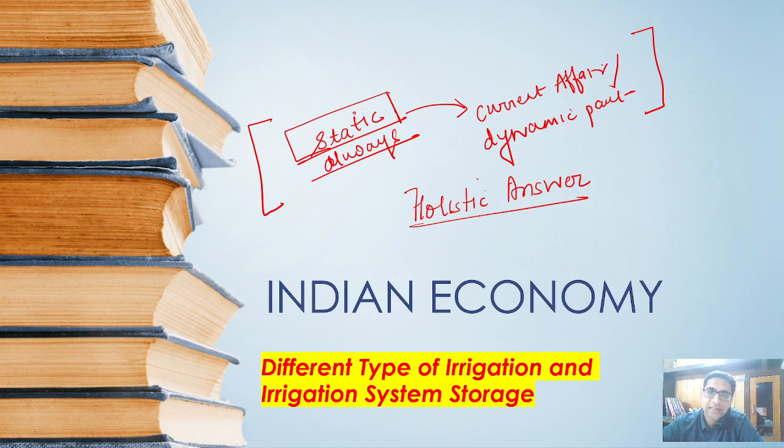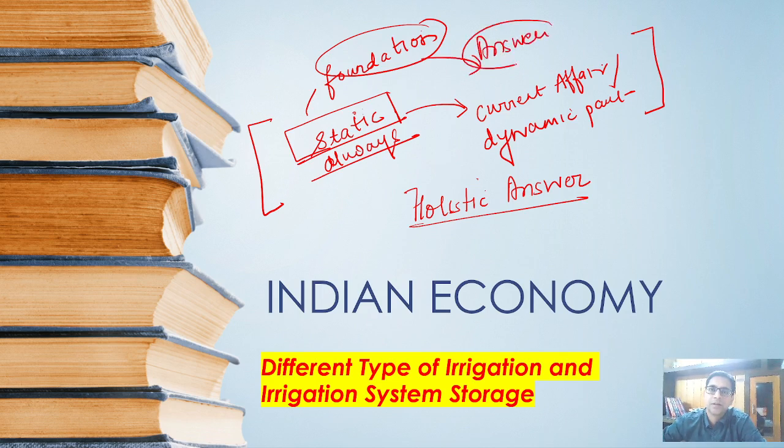So static is the foundation above which your answers will be built. You will be supplementing your static content with current affairs, and only then is it going to be a holistic answer, right? So today's topic is different types of irrigation and irrigation system and storages.